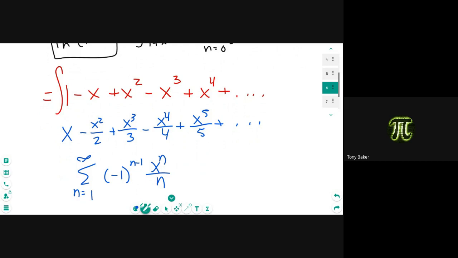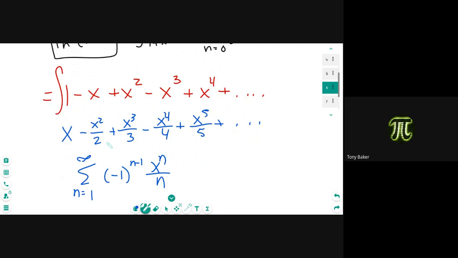I'm seeing it, yeah. I think it works. So the first term is going to be 1, x to the 1 over 1. The 2 is going to be a negative, because that'll be negative 1 to the first. So my negatives will go back and forth. That's right. X squared over 2, x cubed over 3.